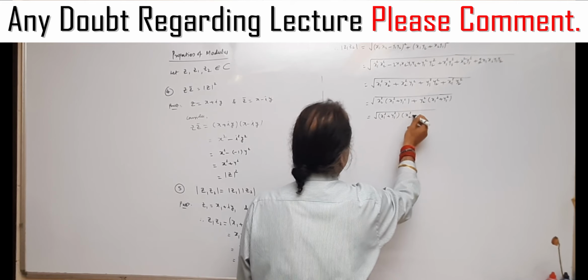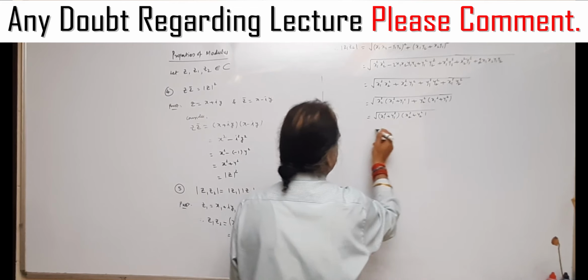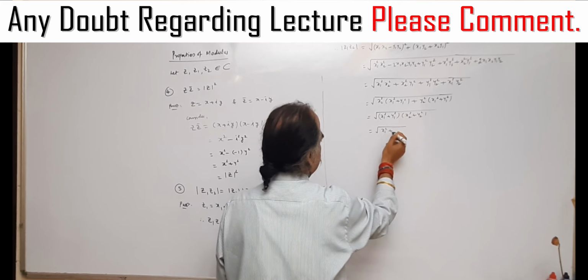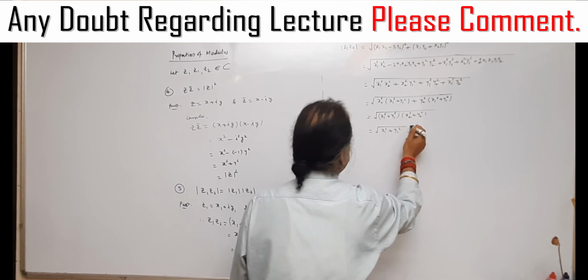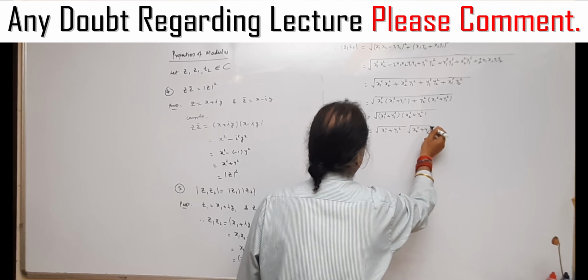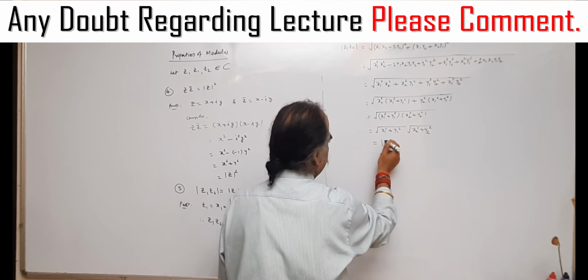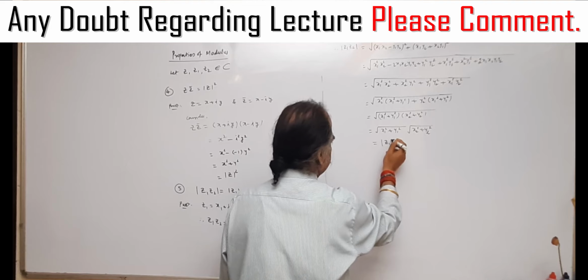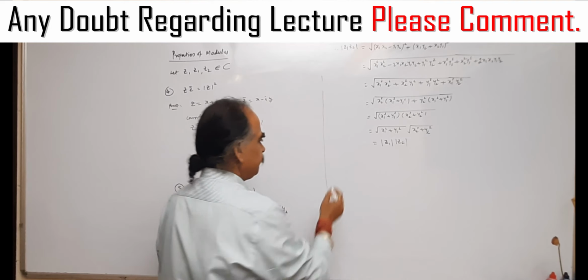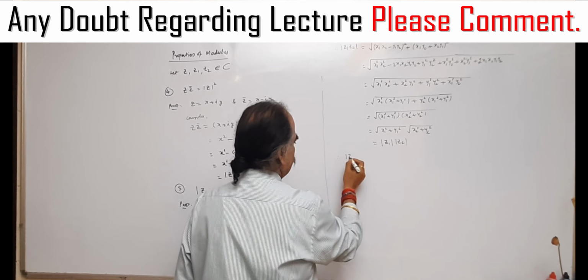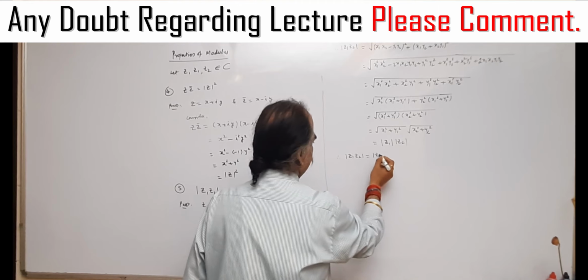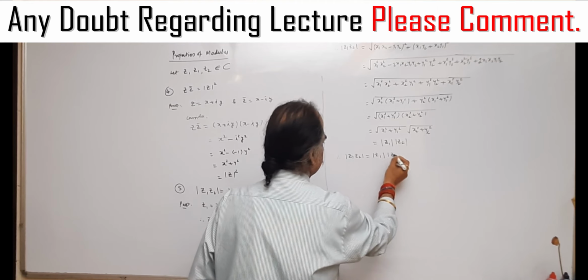So you get x2 square plus y2 square, which is same as root of x1 square plus y1 square into root of x2 square plus y2 square, and this is modulus of z1 into modulus of z2. Therefore, modulus z1 z2 is same as mod z1 into mod z2.